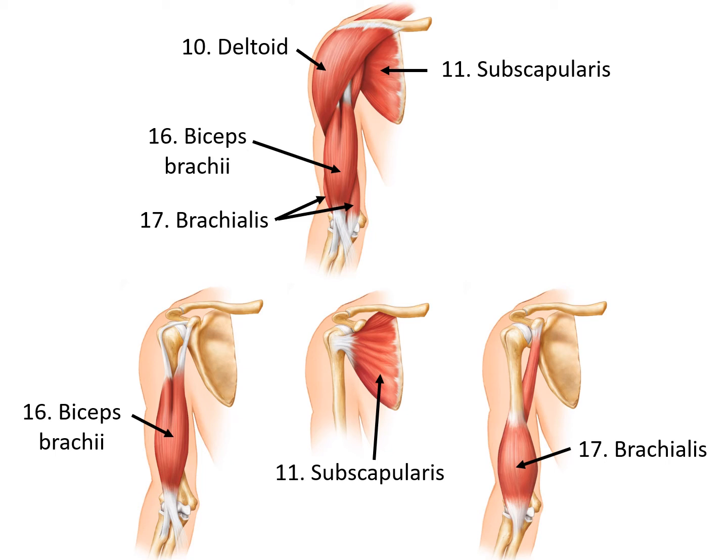Here is the anterior view of the arm. We have deltoid again. This top picture, at least down to the elbow, shows everything. Subscapularis was that last muscle that's on the anterior surface of the scapula and part of the rotator cuff.